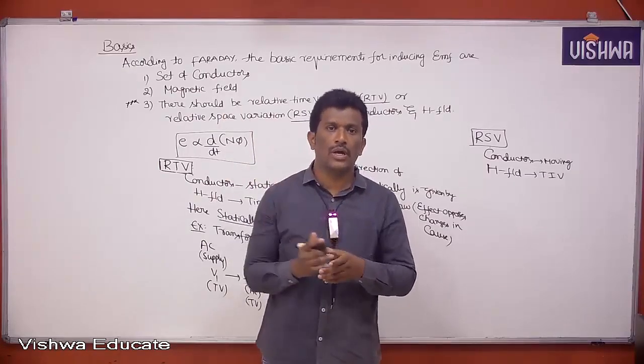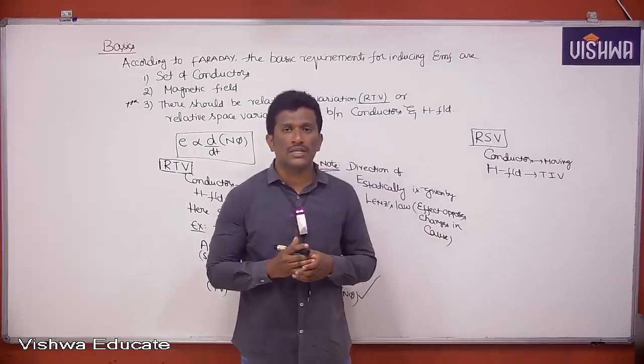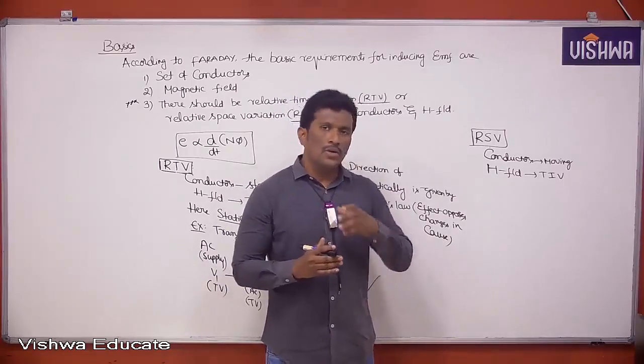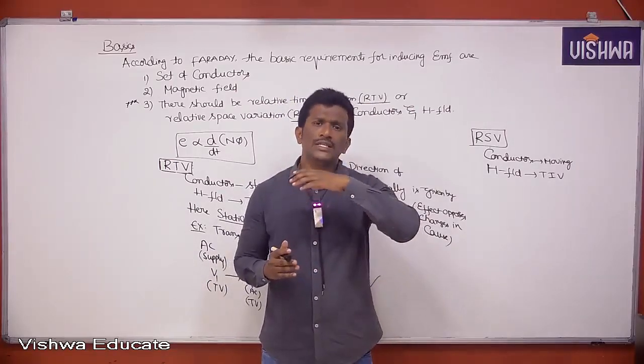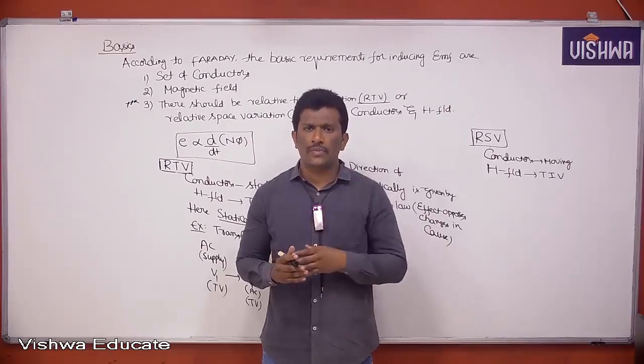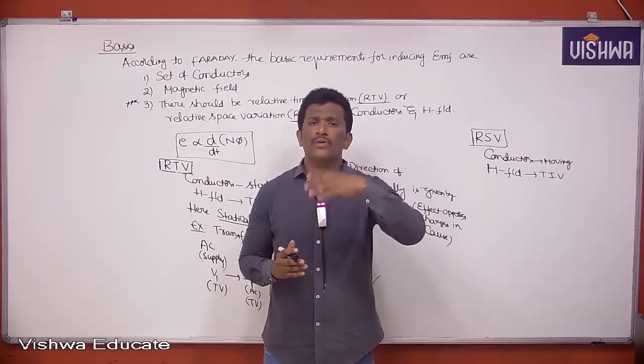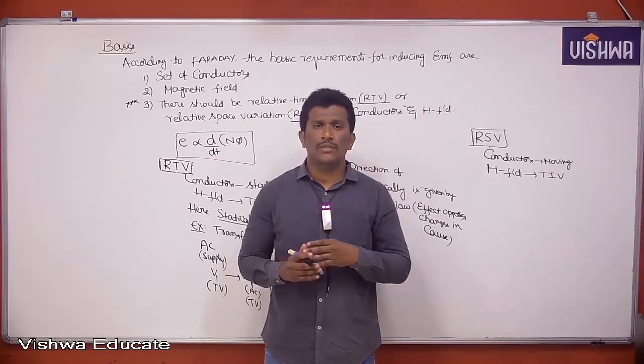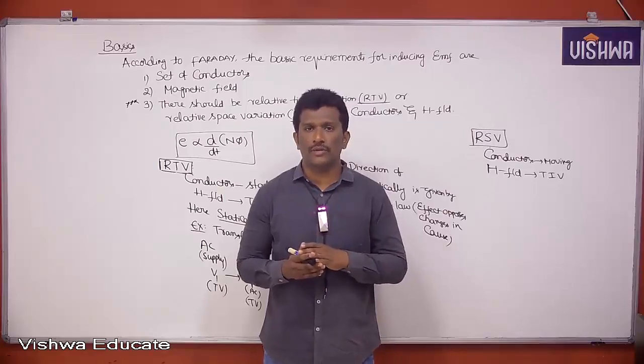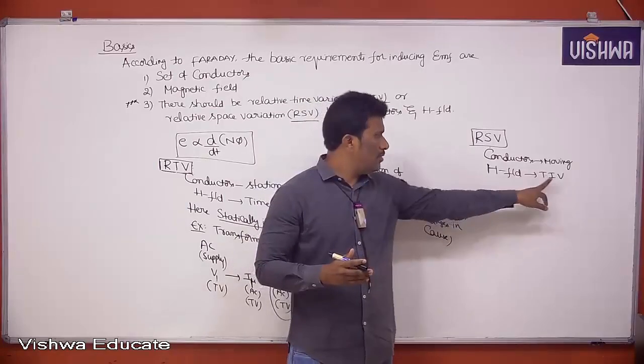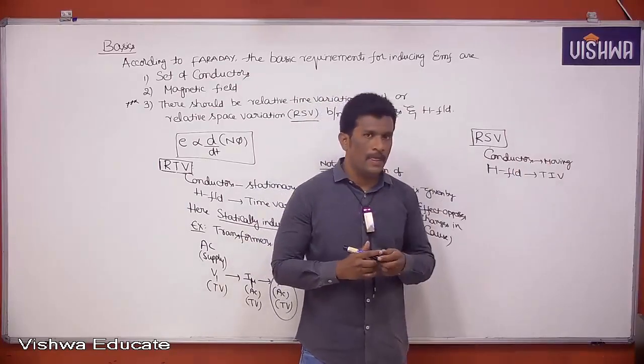We'll discuss in case of your synchronous machine and DC machines. So, as we are giving DC supply to the field winding for excitation, magnetic field produced there is nothing but time invariant magnetic field. So, magnetic field is time invariant, conductors are moving.